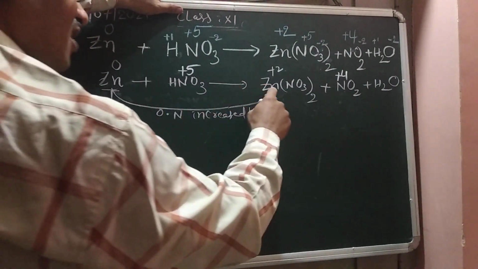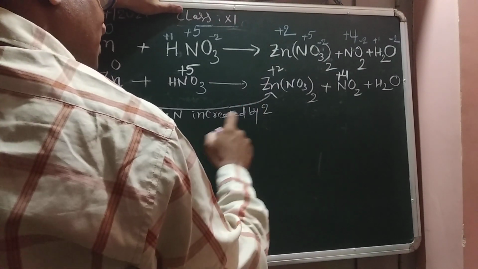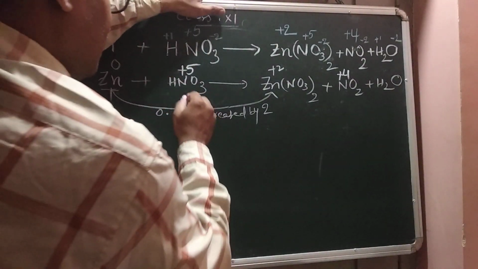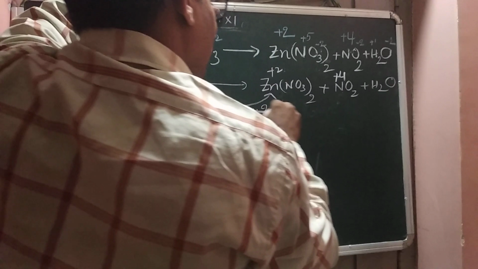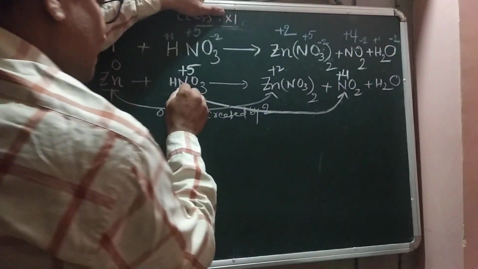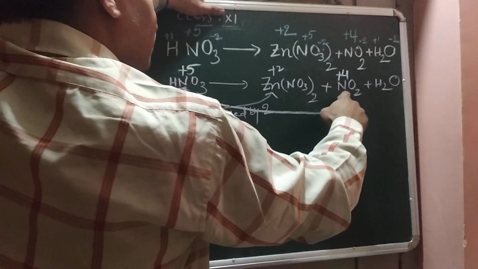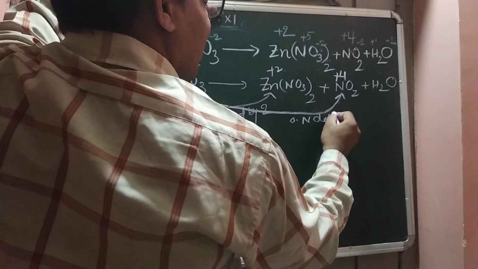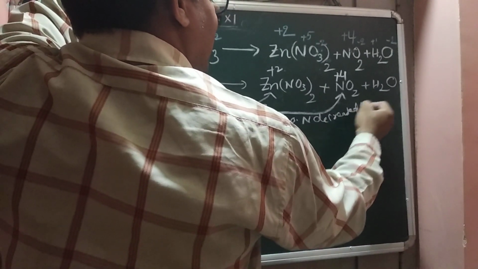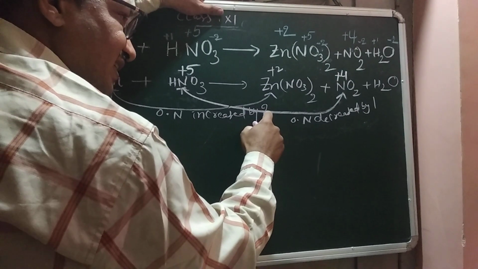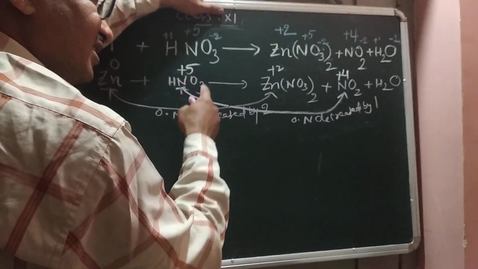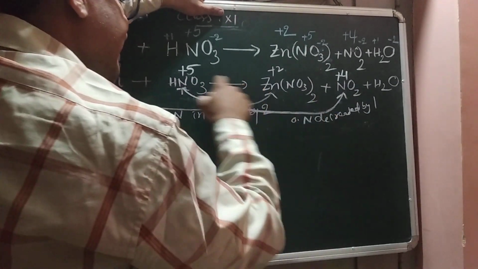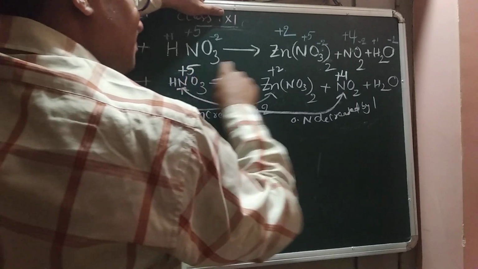Here one zinc, here also one zinc, so the increase in oxidation number is 2. And in the nitrogen case, oxidation state goes from +5 to +4, which means oxidation number decreased by 1. Oxidation number is increased by 2 in the zinc case, and in the nitrogen case it decreased by 1.